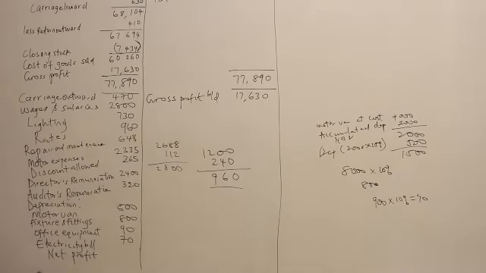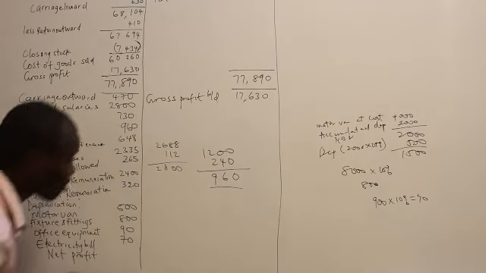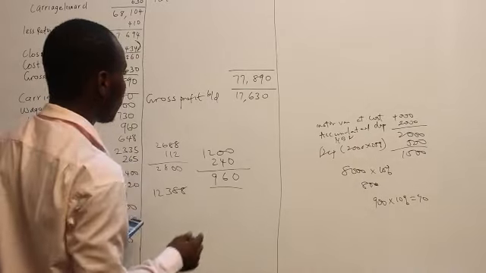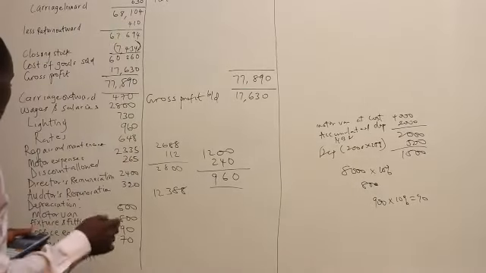We have 960 plus 648 plus 2,335 plus 265 plus 2,400 plus 320 plus 500 plus 800 plus 90 plus 70. So we have 12,388.